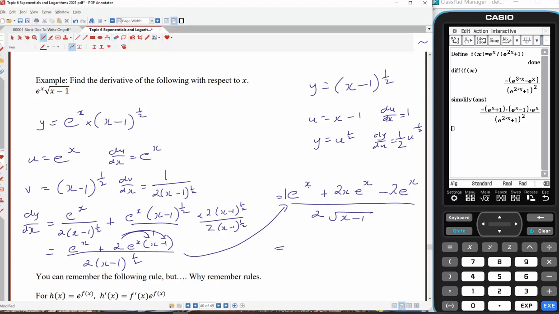Now this is 1 lot of e^x, take away 2 lots of e^x. This we can't do anything with, so we're going to go 2x e^x, take away e^x, over 2√(x − 1). We could factor out the e^x on that, so let's do it just for whatever reason.